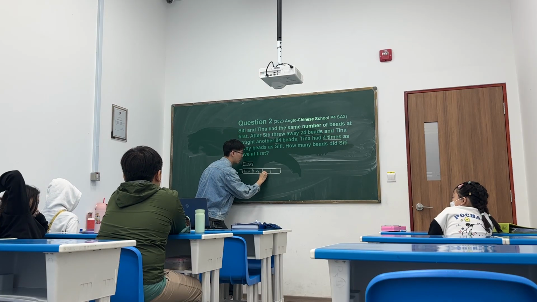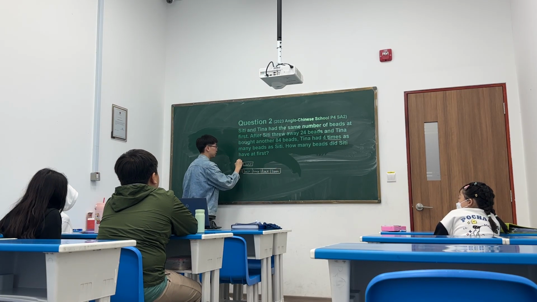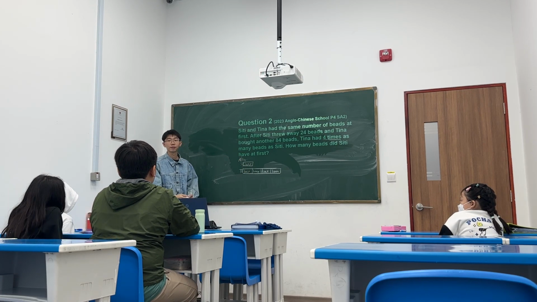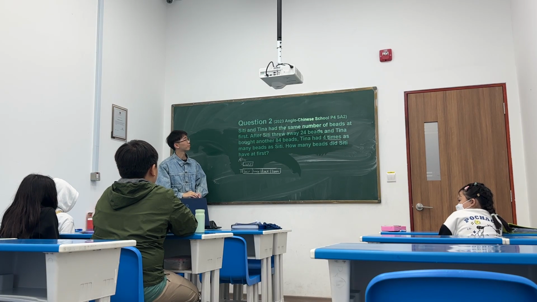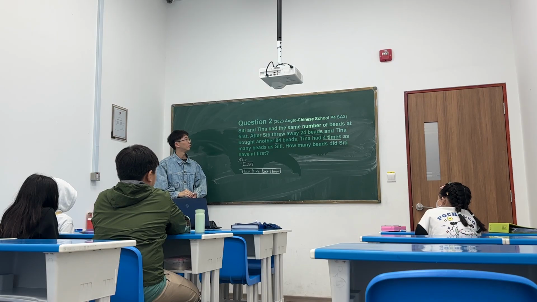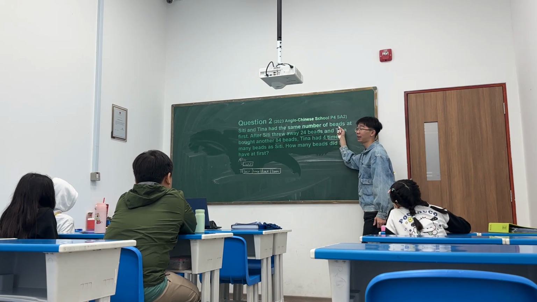This is the scenario at what time though? After, perfect. This is the after scenario. But then before, what happened? So at first they have the same number of beads, right?